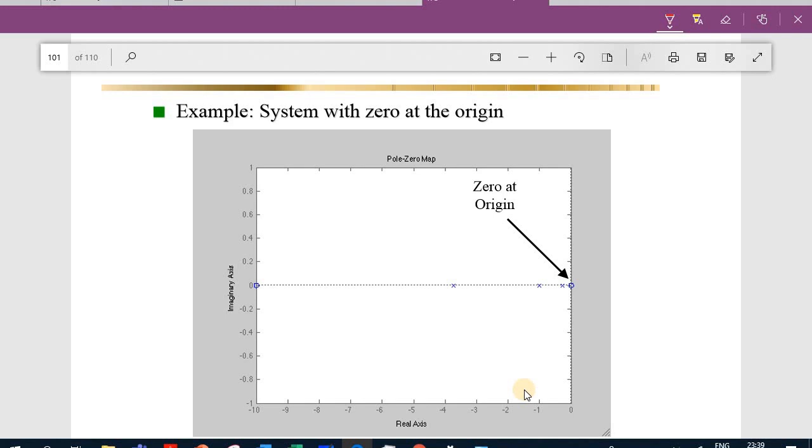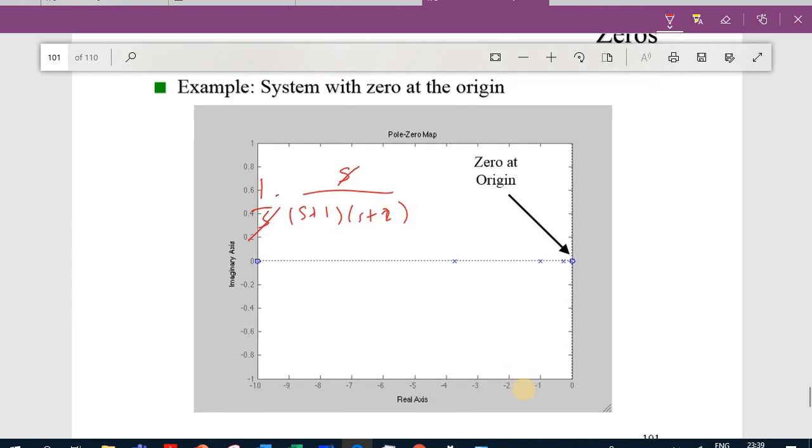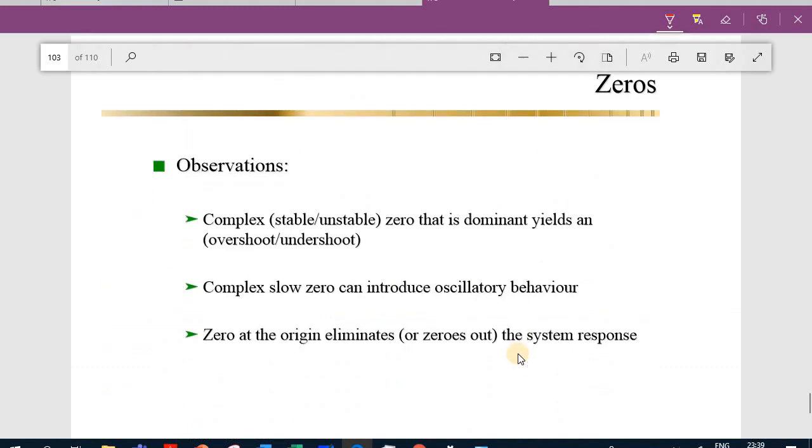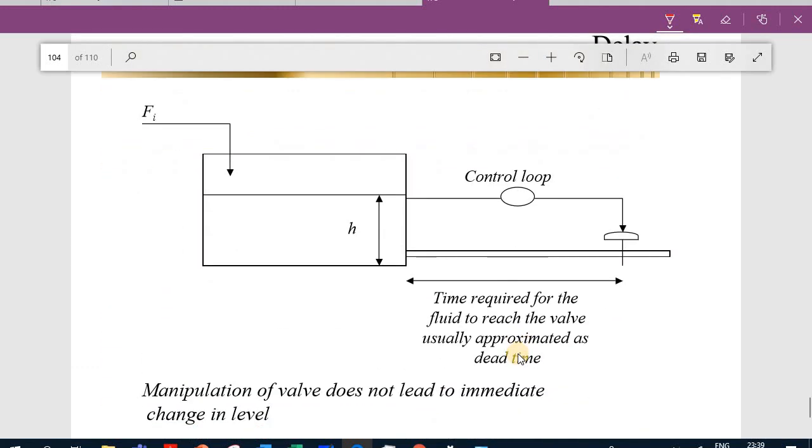Just to clear it: a zero at the origin means my numerator is s, and then for example I have s plus 1 times s plus 2. So if I have a step input, this s will eliminate the effect of the step. There's not a lot to talk about here. It eliminates the step function.